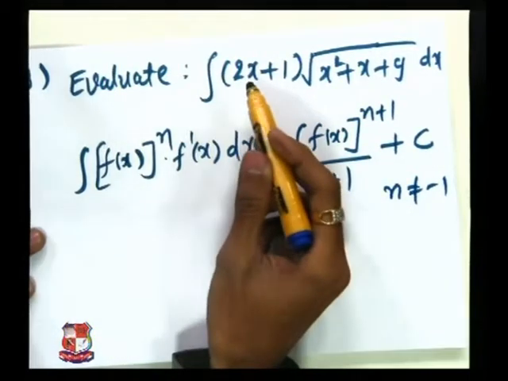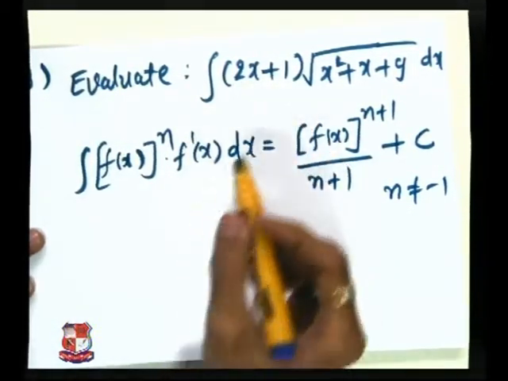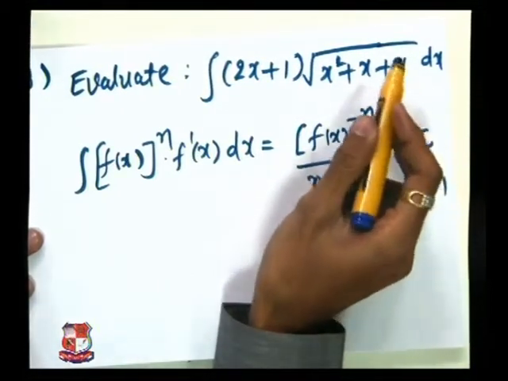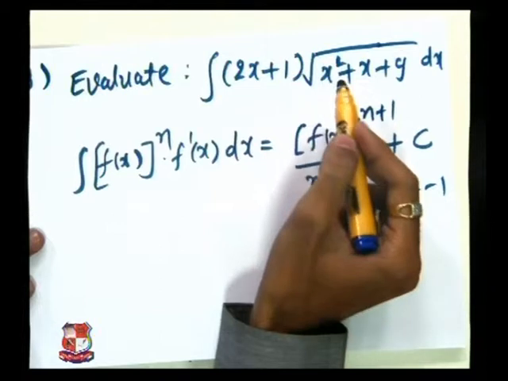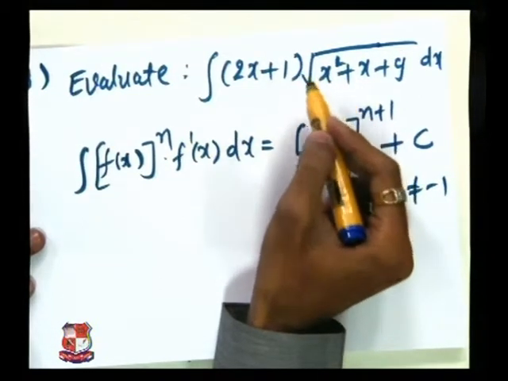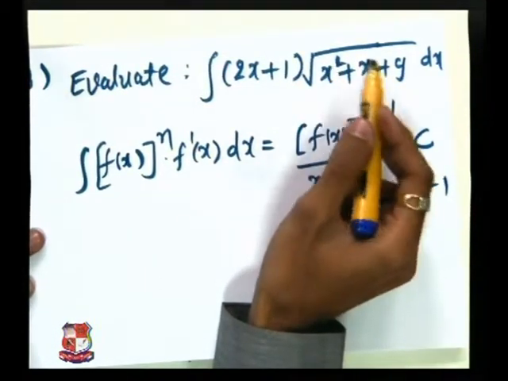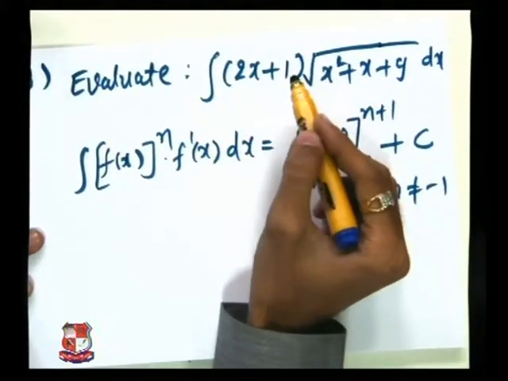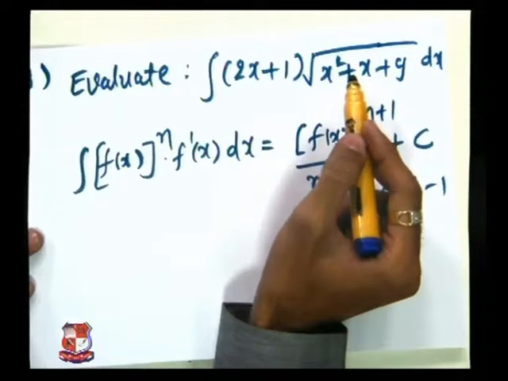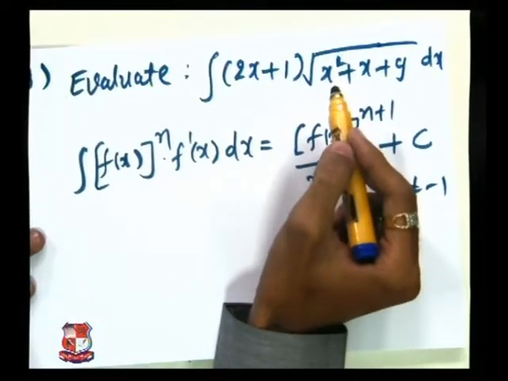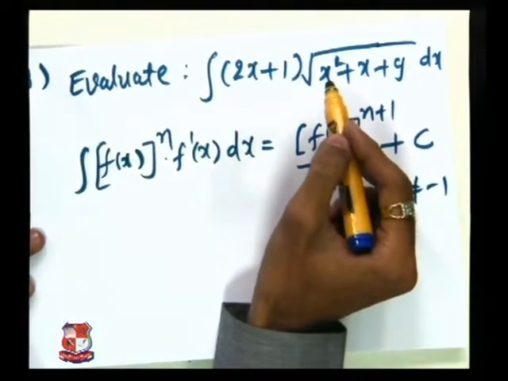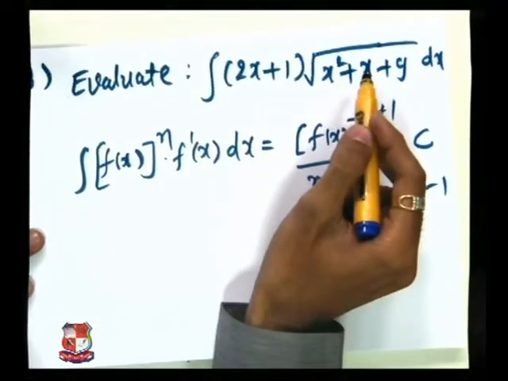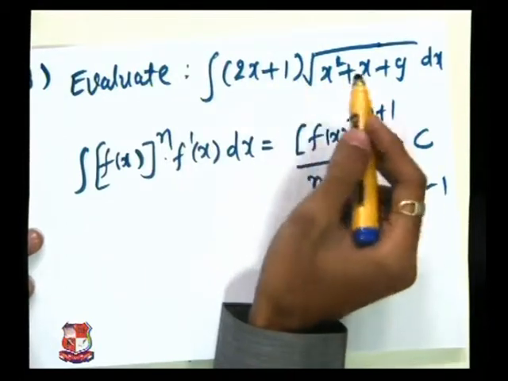If we look at this example, then here if we take f(x) is equal to x square plus x plus 9, then this is f(x), and the square root means this is f(x) raised to 1/2. The differentiation of f with respect to x, that is f dash x, is the differentiation of x square, that is 2x, differentiation of x, that is 1, so 2x plus 1 plus 0.